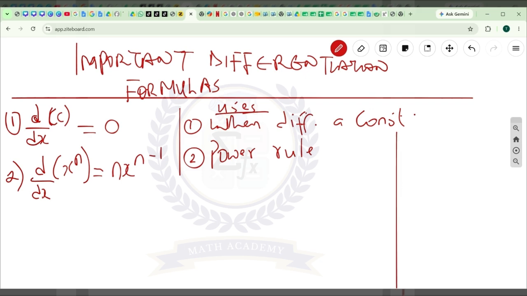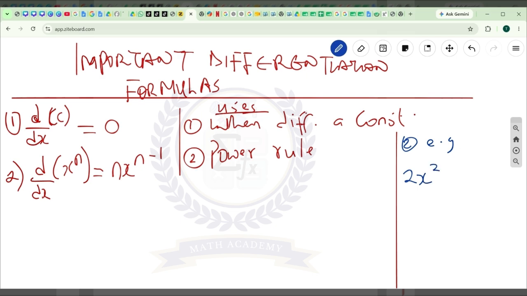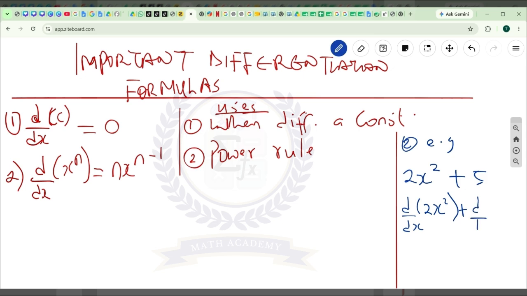Alright, so let's use this part to do a little bit of explanation. For example, let's look at the number 2 example. Let's say still the first example we used, 2x squared plus 5. If I'm asked to differentiate this, it means I differentiate 2x squared plus I differentiate 5.